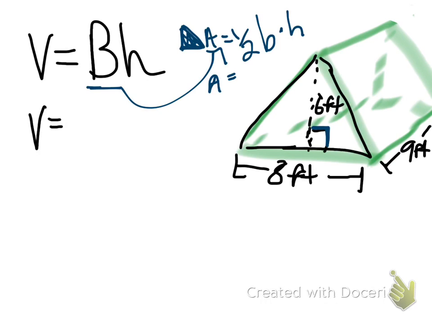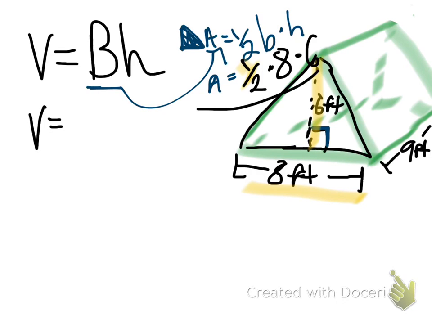So 1/2, my base length is going to be 8, and then my height is the 6, that altitude where it makes the right angle at the base.